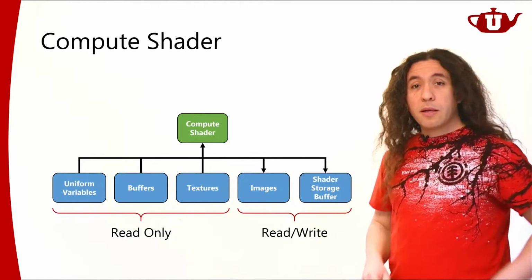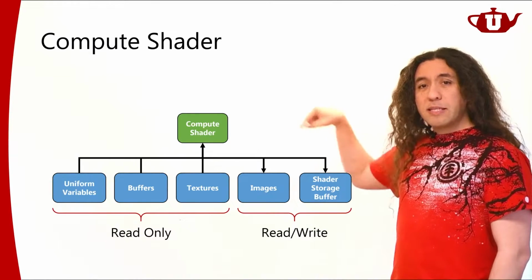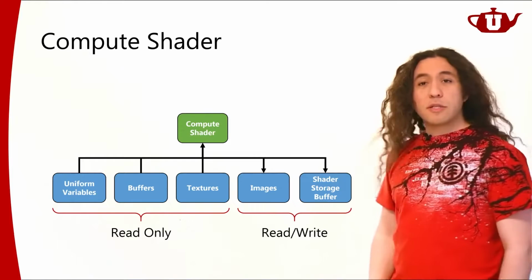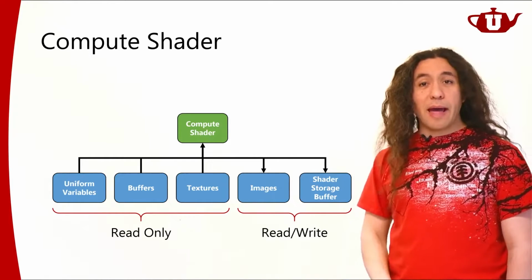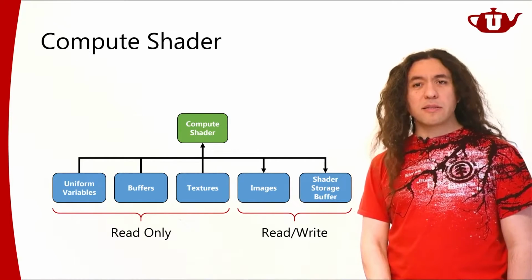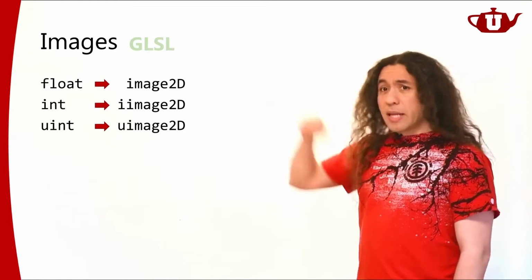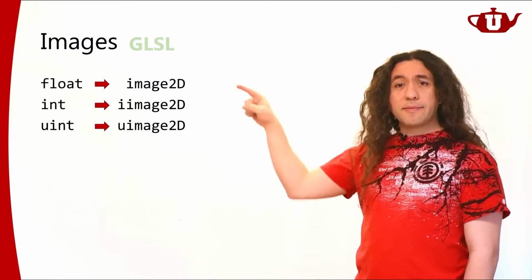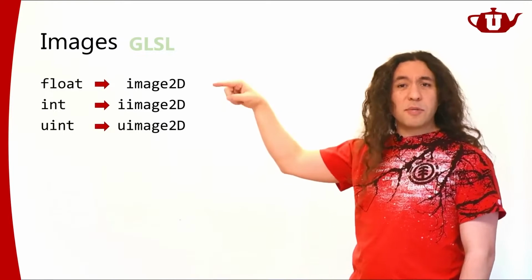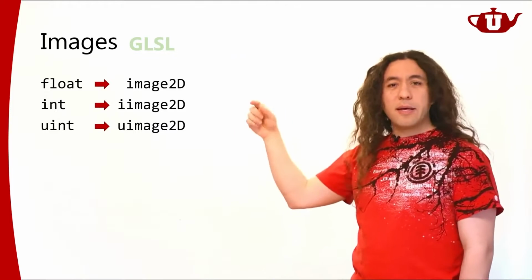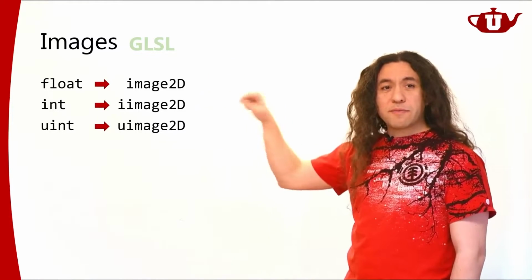So let me talk about these two new types of data storage, data access we have in the compute shader, just a little bit. This is GLSL. In GLSL, I can have images, and images could be image 2D or 3D, 1D. But I have three types of image data.